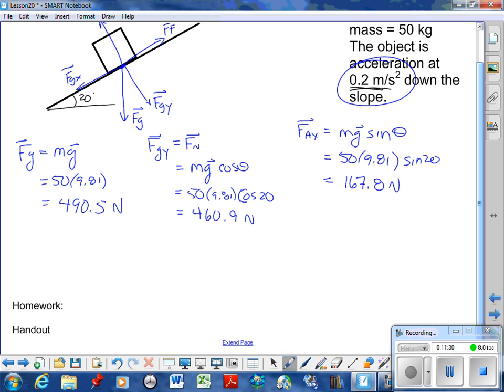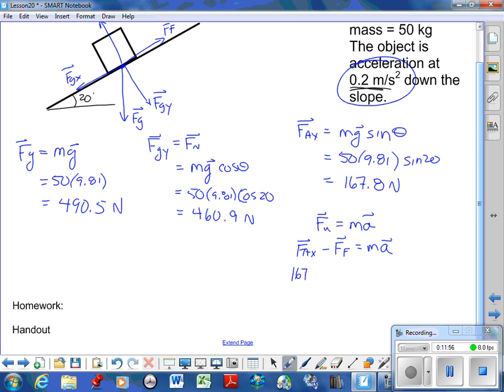All right, so now we're finding all unknowns, so I need to know my force due to friction. So how do we calculate that? Well, we know that unbalanced force, Fu, is equal to mass times acceleration. We know that unbalanced force would be our applied or driving force, Fgx, minus force opposing motion, so force due to friction, equals ma. Once we do that, I know what Fgx is.